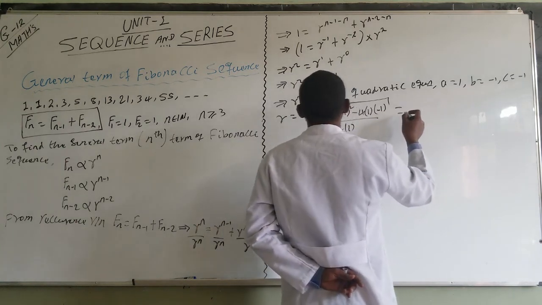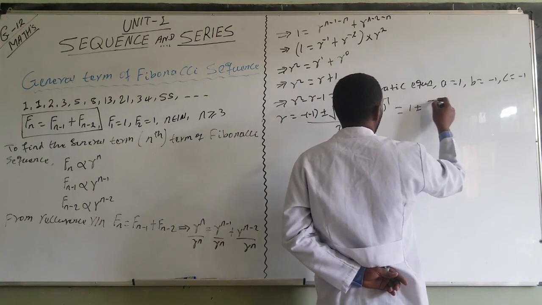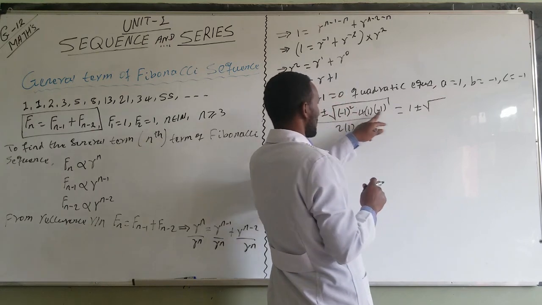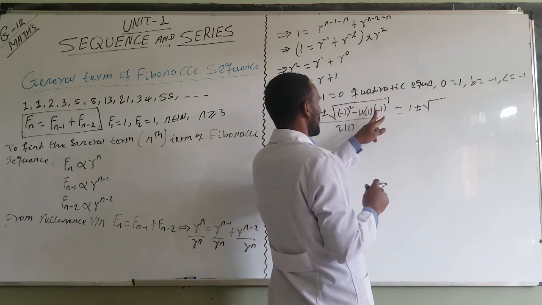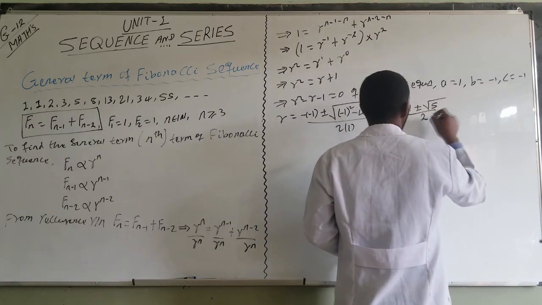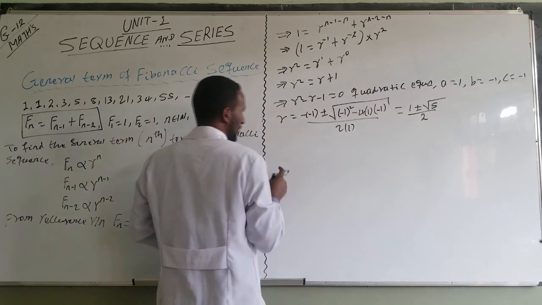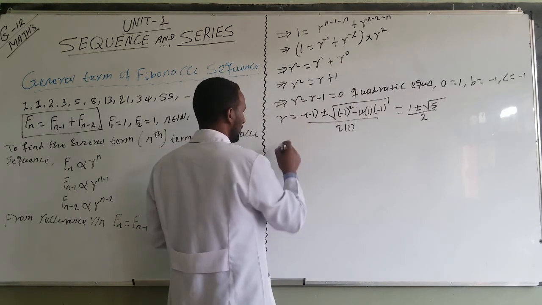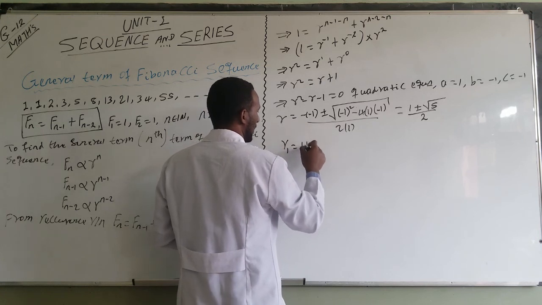This becomes 1 plus or minus the square root of 1 plus 4, since minus times minus is plus, which is 5, over 2.